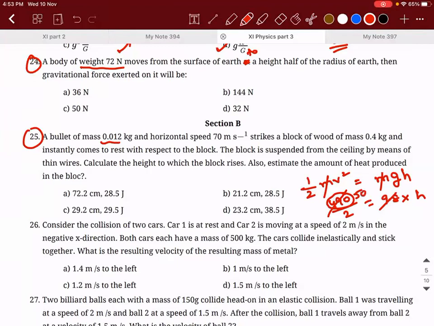It is 4900, it is 50, so it will become 25. Oh, I made a mistake. Can someone tell me what is the mistake I made?